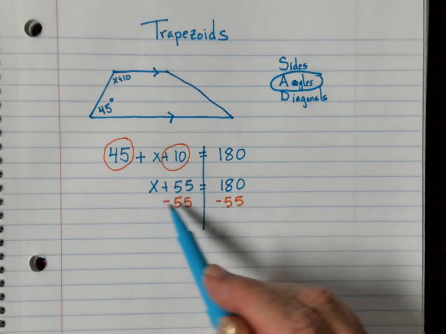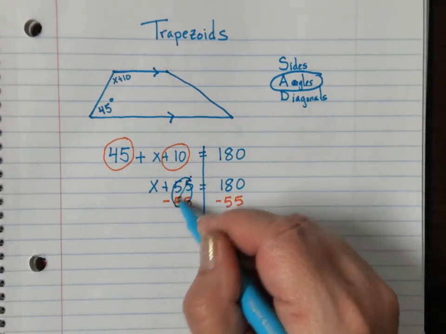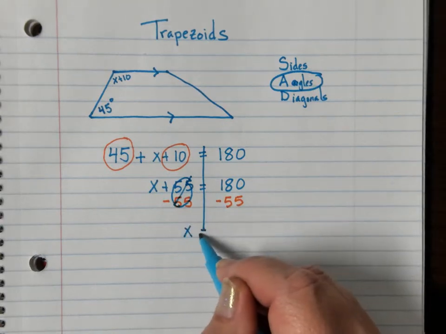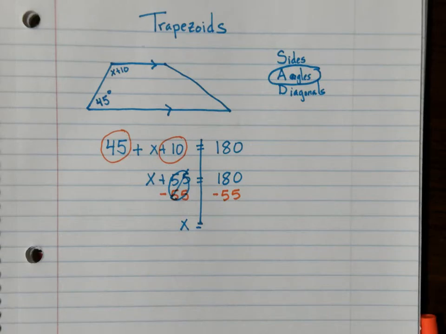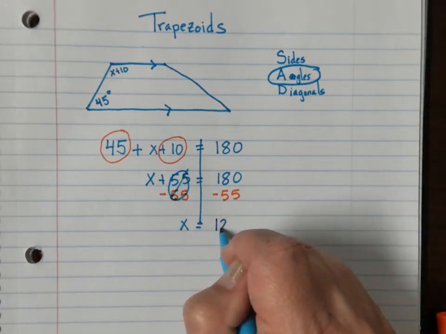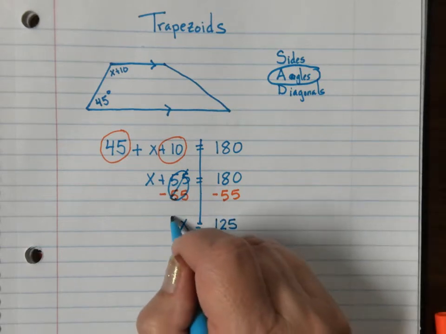So plus 55 minus 55 is 0. Bring down my x. This is where you'll take your calculator. You'll do 180 minus 55 and type in the chat what you get for that answer. 180 minus 55. Alright, awesome participation, guys, and you are correct. X is 125.